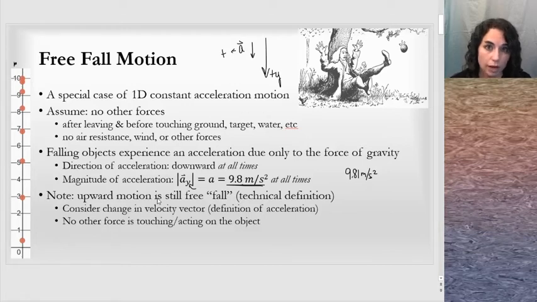So whether the object is moving upward or downward, gravity is the only force, and therefore it falls in the category of free fall motion with just acceleration, even though it's moving upward. I know it's weird that it's falling and it's moving upward. The acceleration is still downward, and eventually the upward motion will be overcome and the object will move downward. And that's how we can still say it's falling.